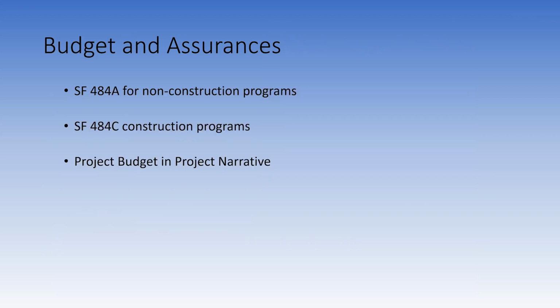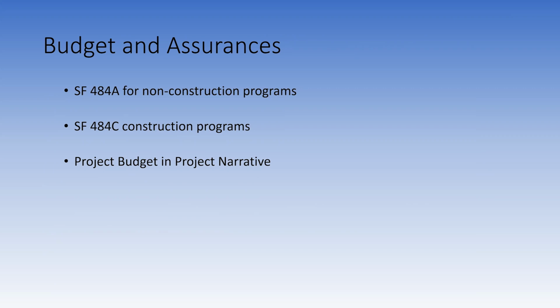Okay, so then moving on to budget and assurances. Now here we split up in the documents that are needed. There's the standard form SF 424A, and this is for non-construction programs.